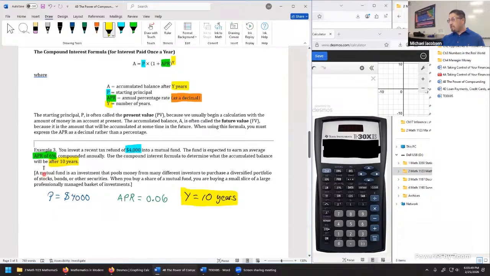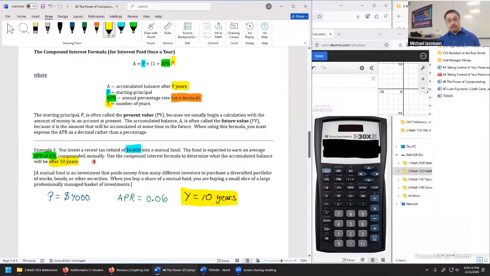Well, we took a quick look at this problem. It's all about mutual funds, and we define it down below. It's kind of just our warm-up problem starting out. It says we got a really large tax return, $4,000. We're investing it into a mutual fund, which is expected to earn an average APR of 6%.